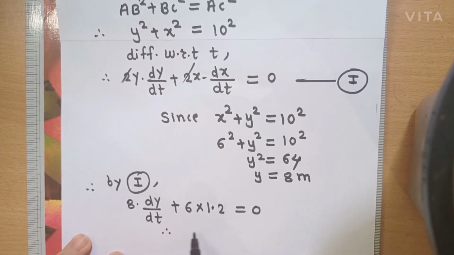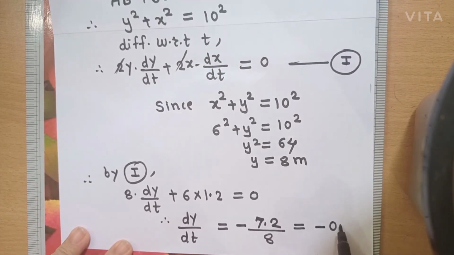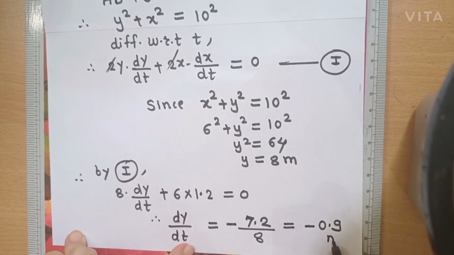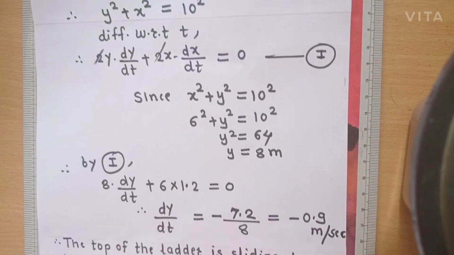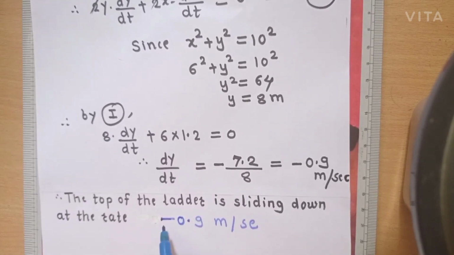Therefore finally dy by dt is equal to division, and so minus 0.9, and write down unit. y is distance, so meter, and denominator is so per second. Therefore the top of the ladder is sliding down at the rate minus 0.9 meter per second, and here this minus sign indicates that the ladder is moving down.